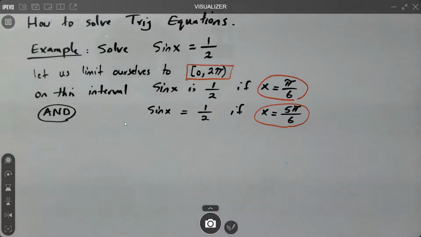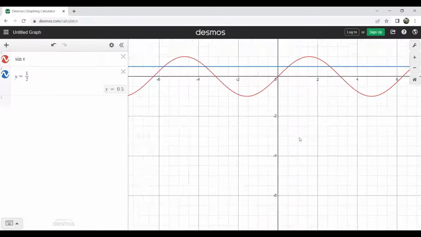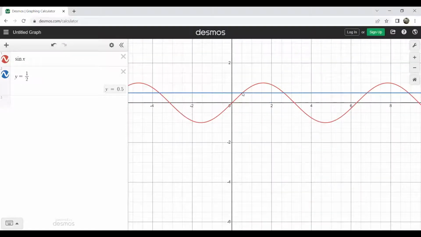Let's take a look at our graph again. Very good. So again, we are looking for the points of intersection between sine and this line. On one period, as you remember, the y value of sine is equal to a half if x is pi over 6, and also if x is equal to 5 pi over 6.